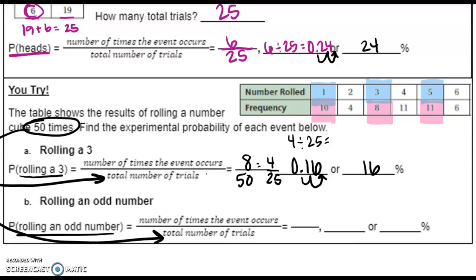So I'm going to take 10 plus 8 plus 11, and I'm going to get 29. That's my number of times the event occurs. It happens 29 times out of 50 that I rolled an odd number. So when I do 29 divided by 50, I got 0 and 58/100. And that means that when I move that decimal twice to the left, I have 58%.